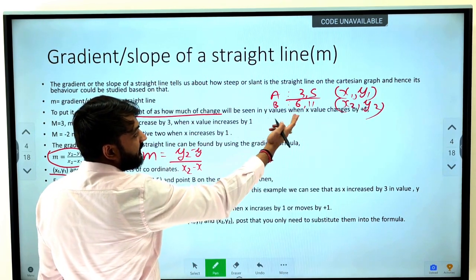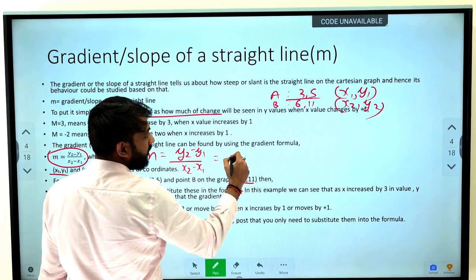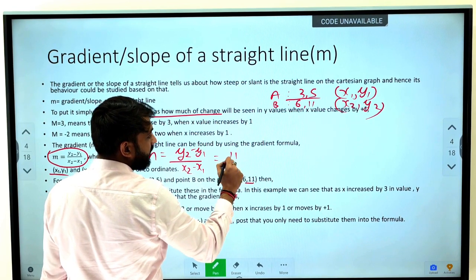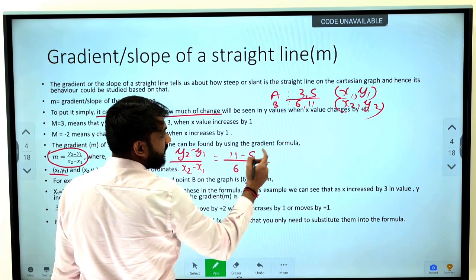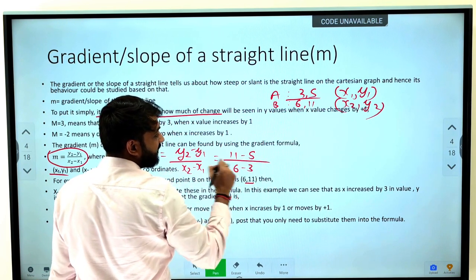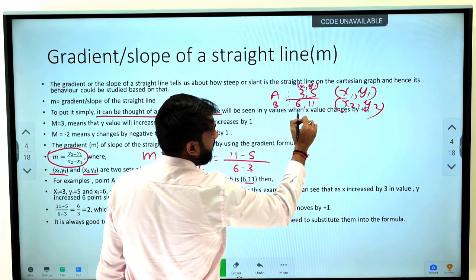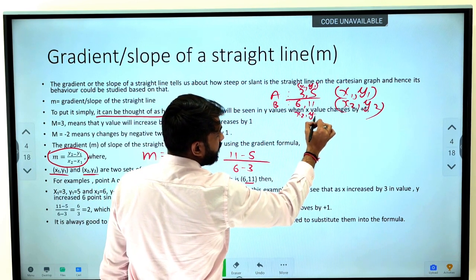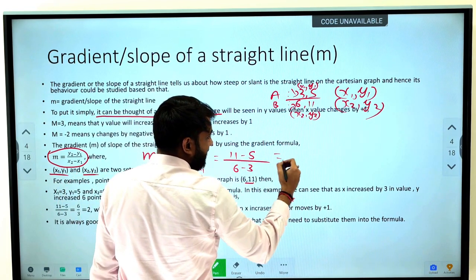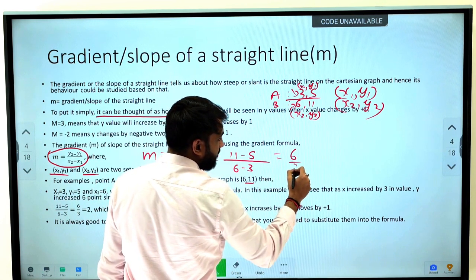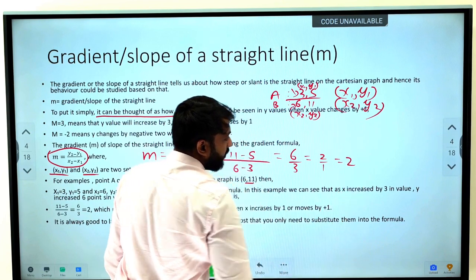So y2 being 11, x2 being 6, I just have to replace it in the formula, which will be 11 minus y1, which is 5, over 6, which is x2, minus x1, which is 3, because these coordinates are like this, (x1, y1) and (x2, y2). So 11 minus 5 is 6 and 6 minus 3 is 3. Breaking it down further would give me 2 by 1, or 2.